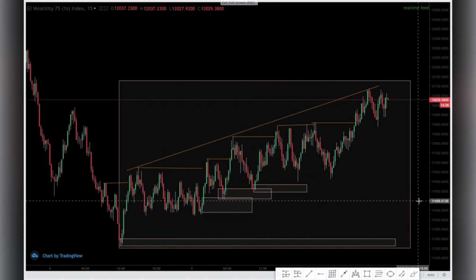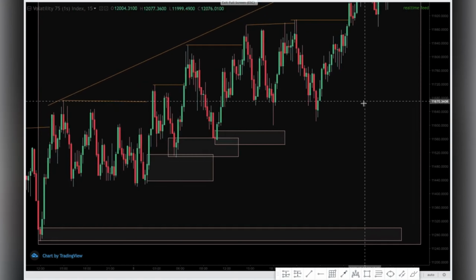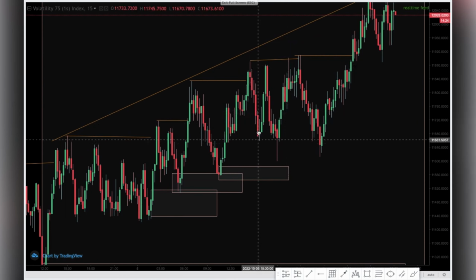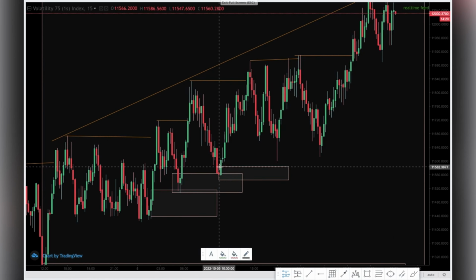Now your target is always the next high, or the high that brought you down to the retracement. If you take your trade here on this order block, your first target should be on this high.